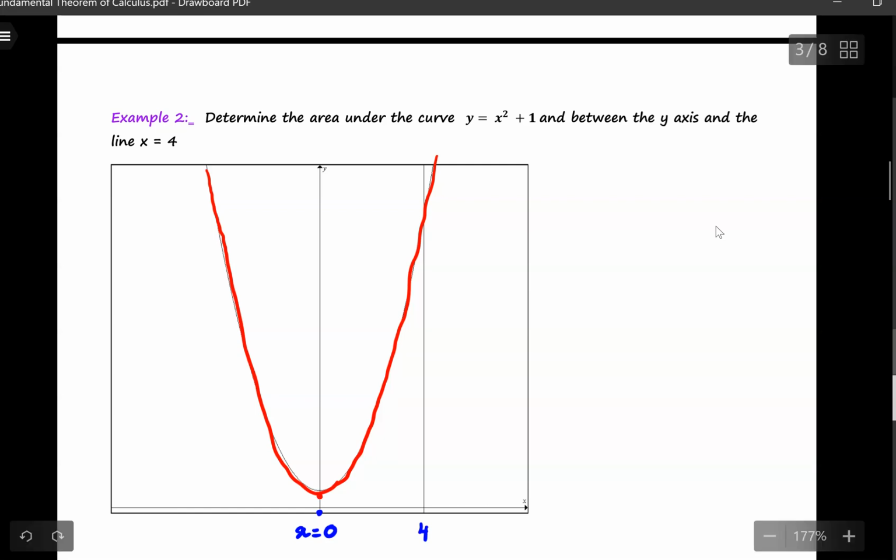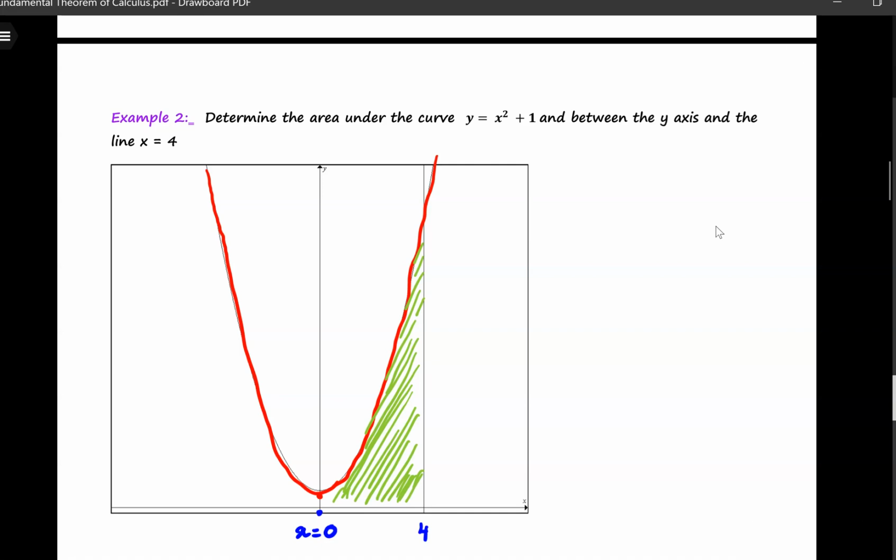So they would like me to evaluate this area. Determine the area under the curve and between these two points, upper and lower limit. So I can go ahead and apply the fundamental theorem of calculus. To do that, at first you may want to write down the formulas.